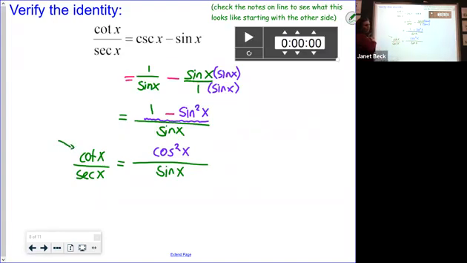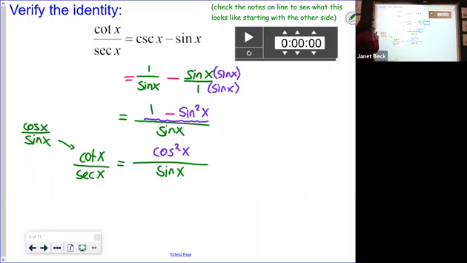What do you know about cotangent x? Cotangent x is cos x divided by sine x. If I had started working with this side, that's probably what I would have done. So look, that's really similar. They're not the same. This is just cos x, that's cos squared x. So on this side, I've got something extra.